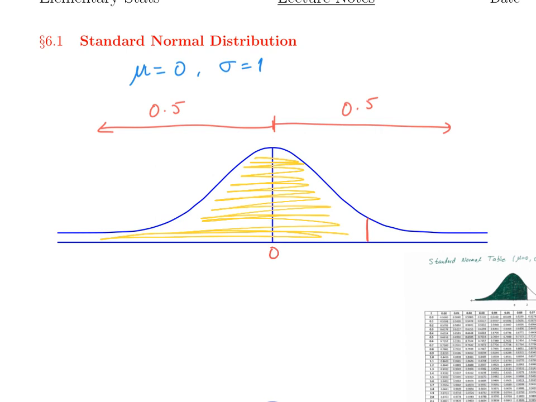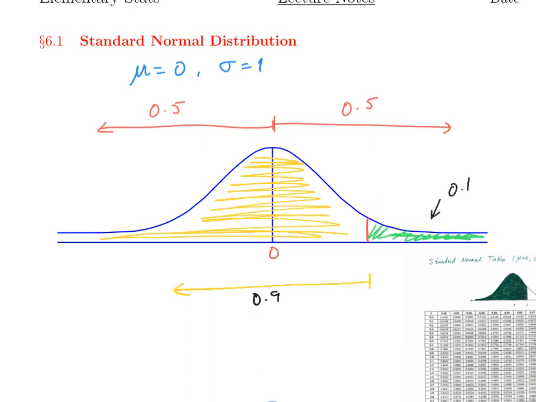Let's say the area from here to here is 0.9. That is the area in yellow, which is technically what the table is going to give you. So if that's the case, how much is the area in green? 0.1. How do we know that?